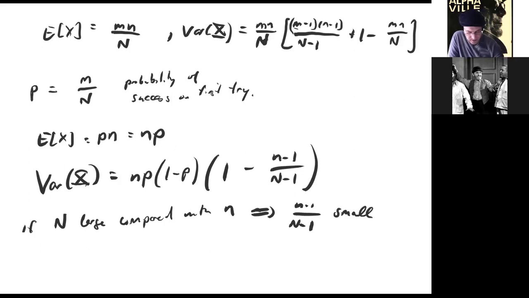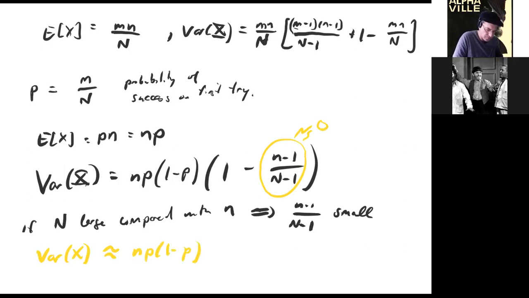So therefore, this term that occurs here is approximately 0. So the variance of X under this approximation is np times 1 minus p.